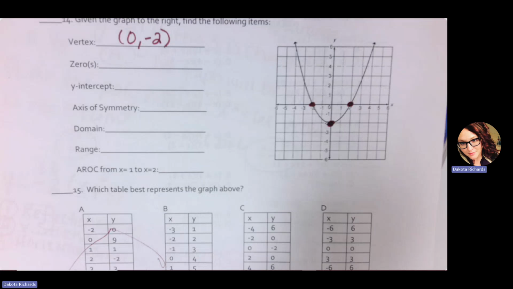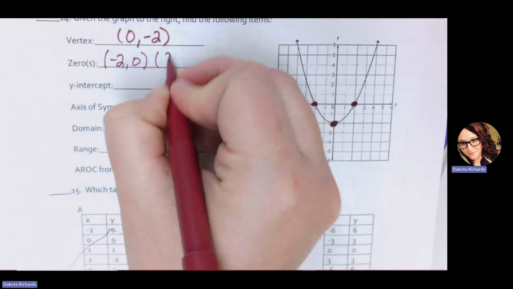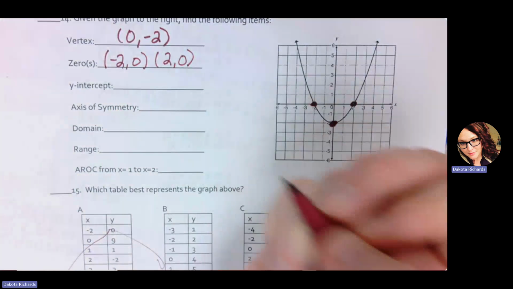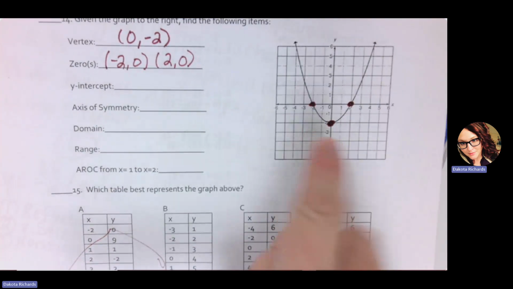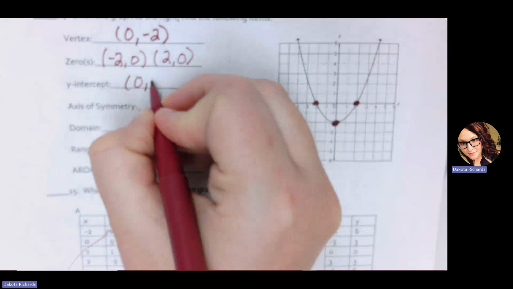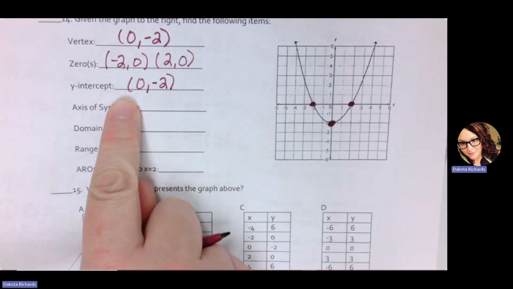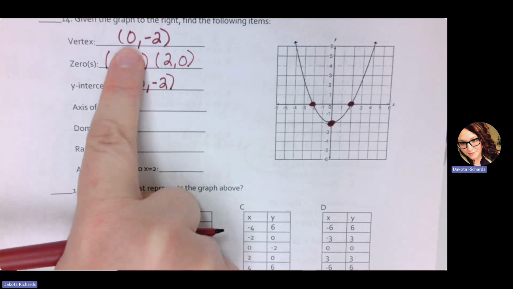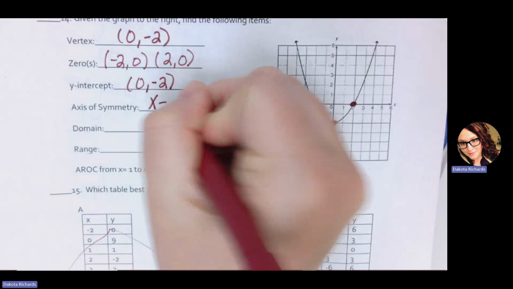That's at -2 and +2, but you have to write them as points. So -2, 0, and 2, 0. The y-intercept is the same thing as your vertex, so that would be 0, -2. The axis of symmetry is going to be the x-coordinate of your vertex, which is 0. So that is just x equals 0.